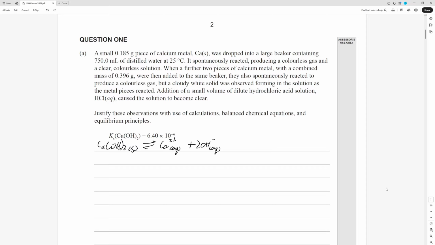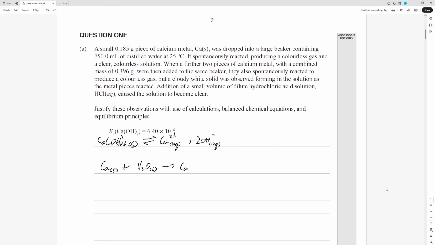But we also have another equation to set up, and that's going to be our reaction of calcium with water itself. So we get the solid, and we add water, and we know we have to get calcium hydroxide here.